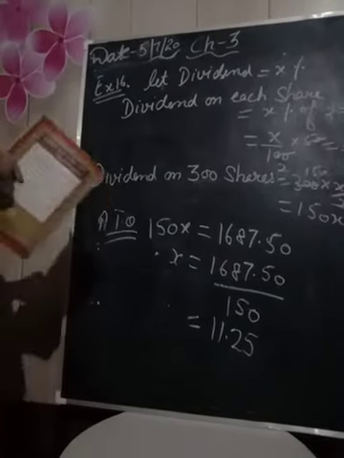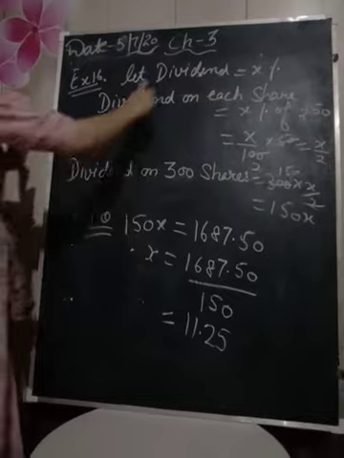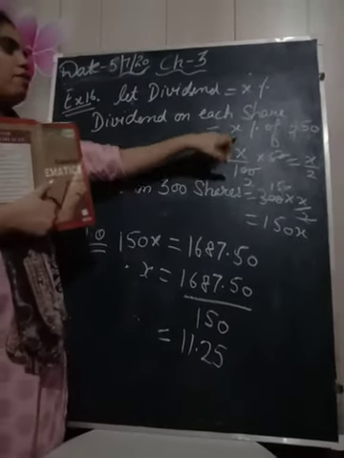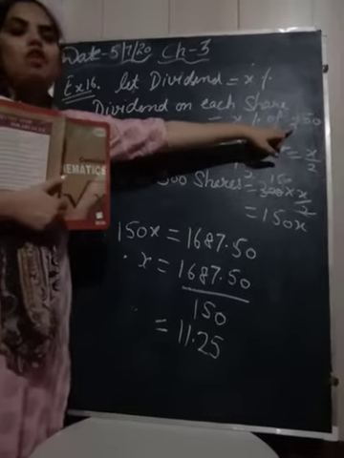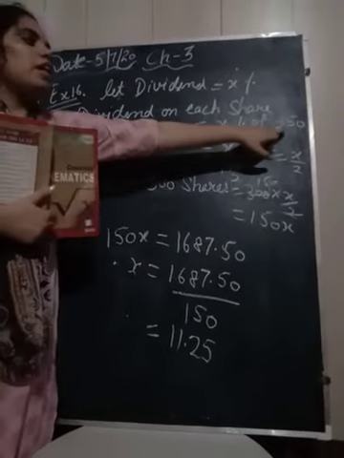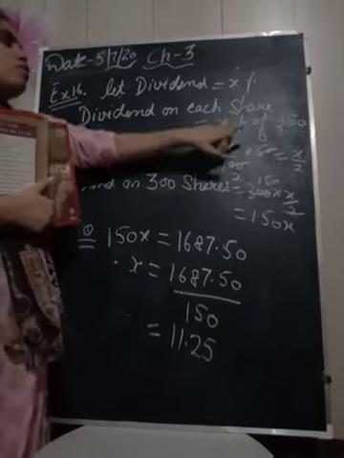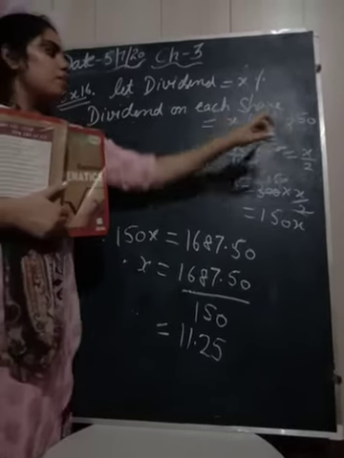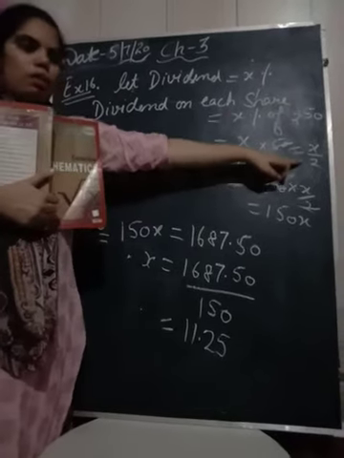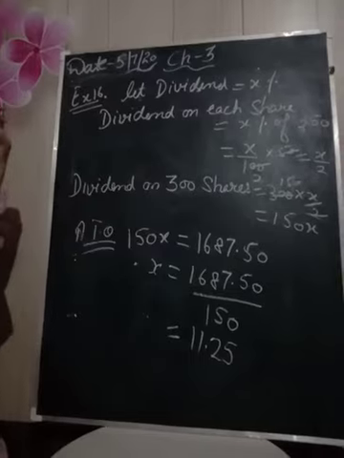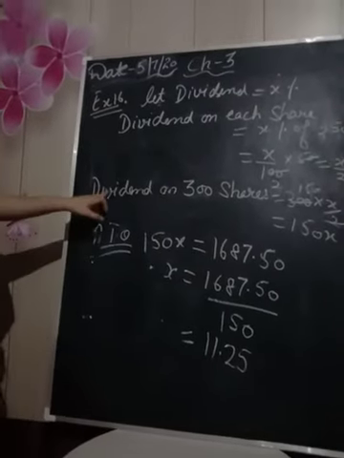Now see, let dividend we have to find be X%. Dividend on each share, how can we find? Dividend percent of nominal value. For Sandeep we want to find, so we will take the nominal value for Sandeep. For Sandeep nominal value is rupees 50. So X% of rupees 50, how much comes? X by 2. Now dividend on 300 shares, because for Sandeep the number of shares is 300.